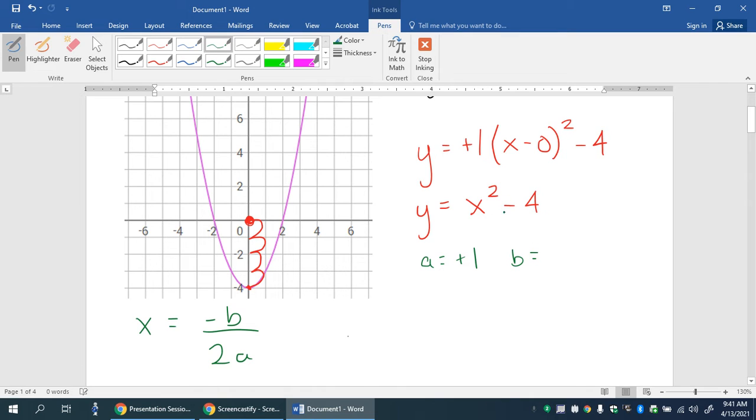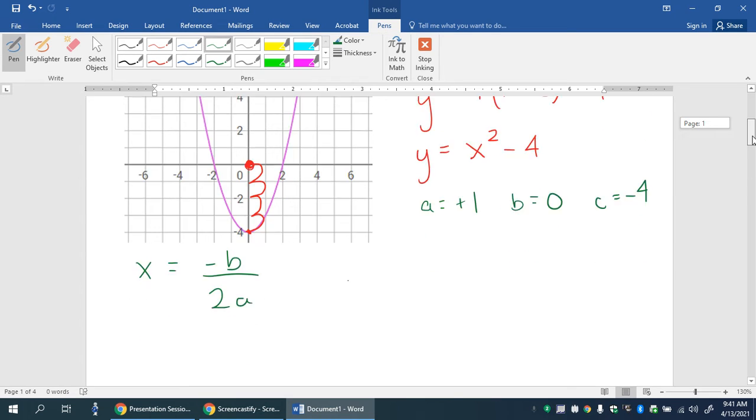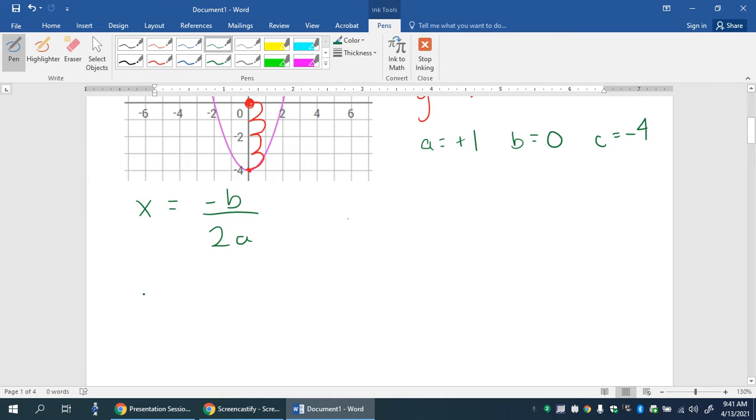B is the middle number of standard form with that second just x. Because it's not there, we know that B is 0. And then for good measure, C is negative 4. It's that last term.